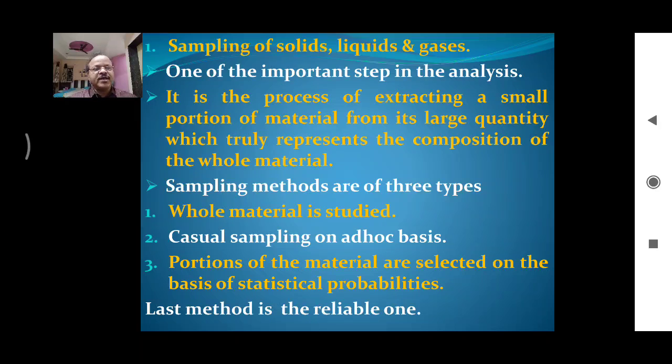After collecting all the analytical reports, we can make some conclusions regarding that material. So this is the reliable method of sampling. Portions of the material are selected on the basis of statistical probabilities.